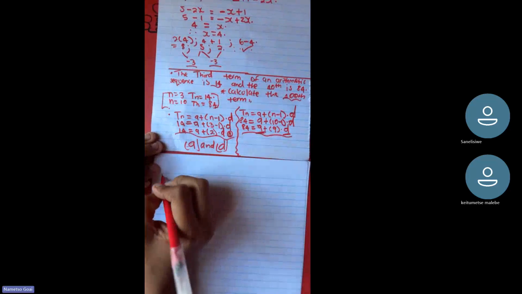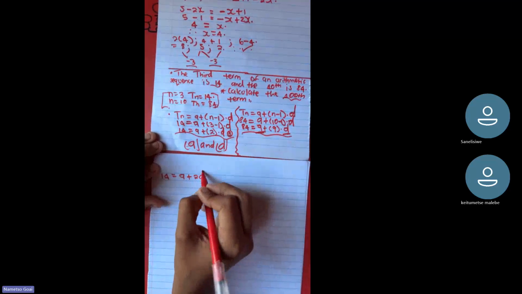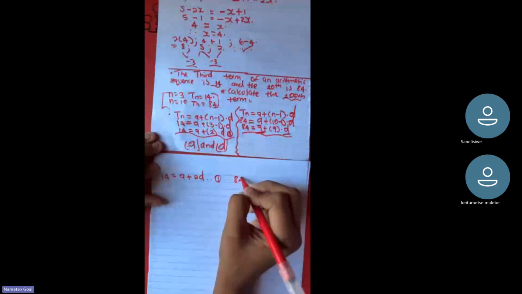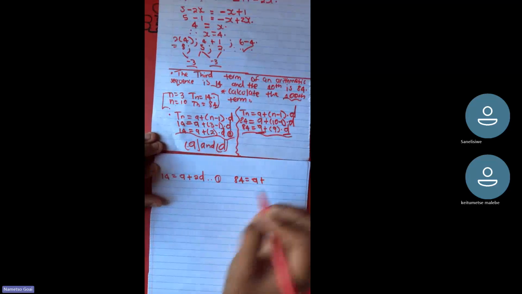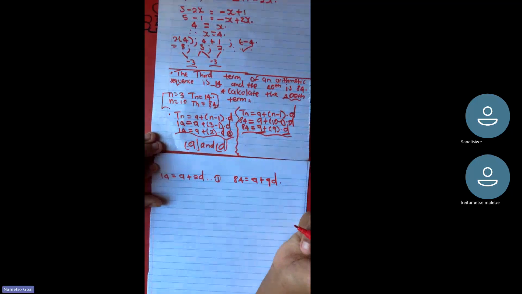So for the first one, we have 14 equals A plus 2d, which is our first equation. And for the second one, we have 84 equals A plus 9d. So this is your second equation.